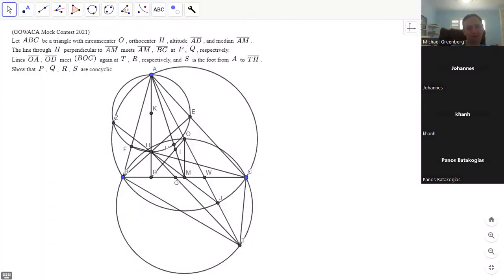Okay, so basically, if these are harmonic, then IG has to be parallel because, sorry, I'm trying to remember.